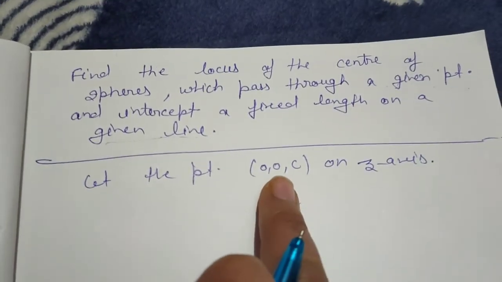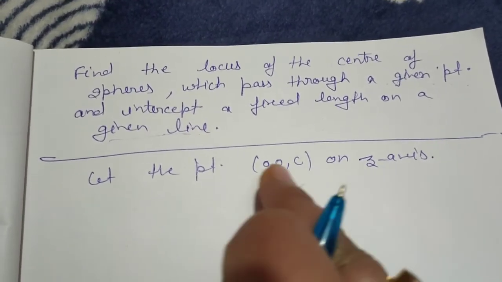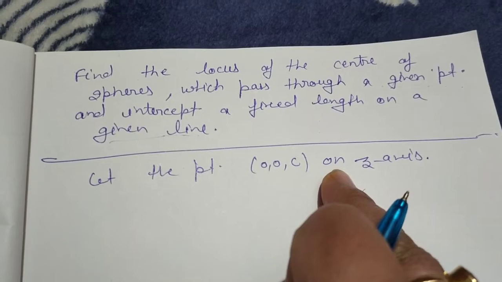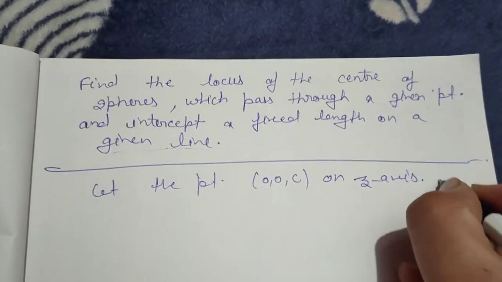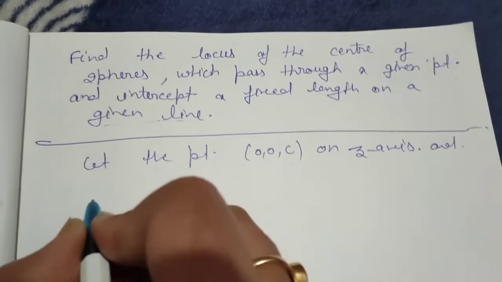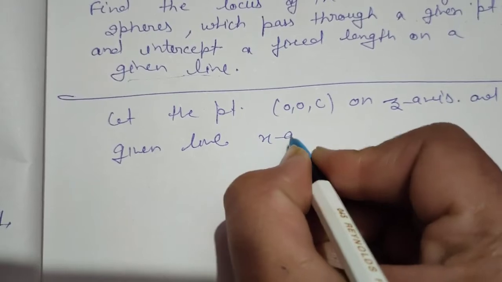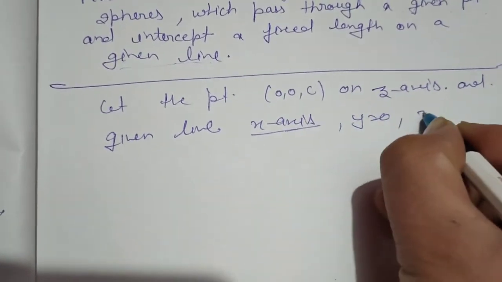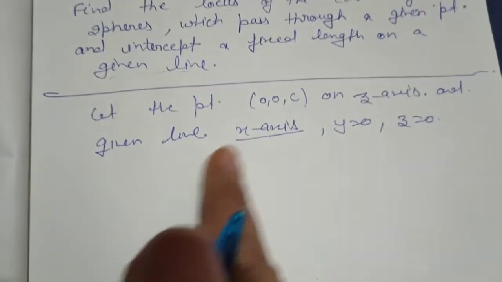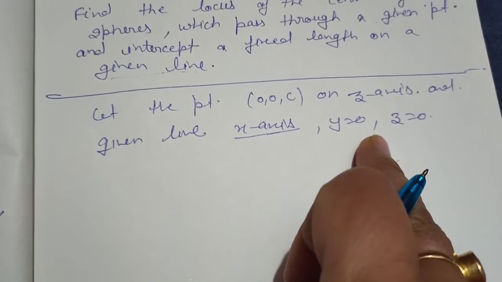We can also take this point on the x-axis or y-axis, (a, 0, 0) or (0, b, 0). Here we take the point (0, 0, c) on the z-axis, and the given line is the x-axis. On the x-axis, y = 0, z = 0. We can also take this line as the y-axis or z-axis.